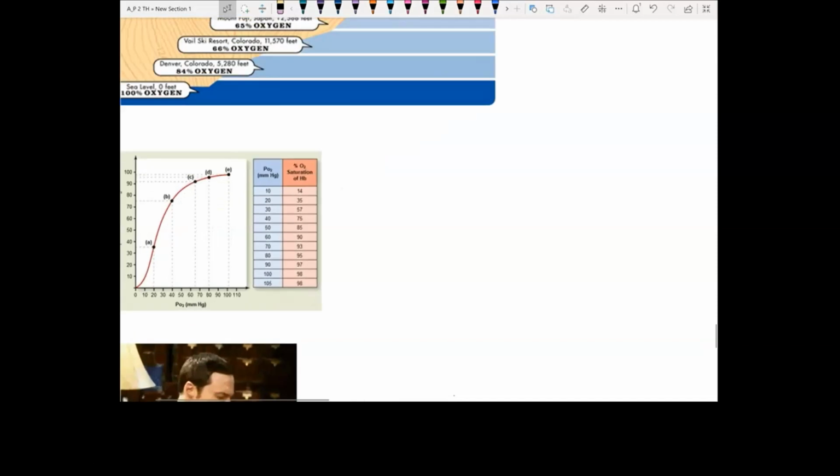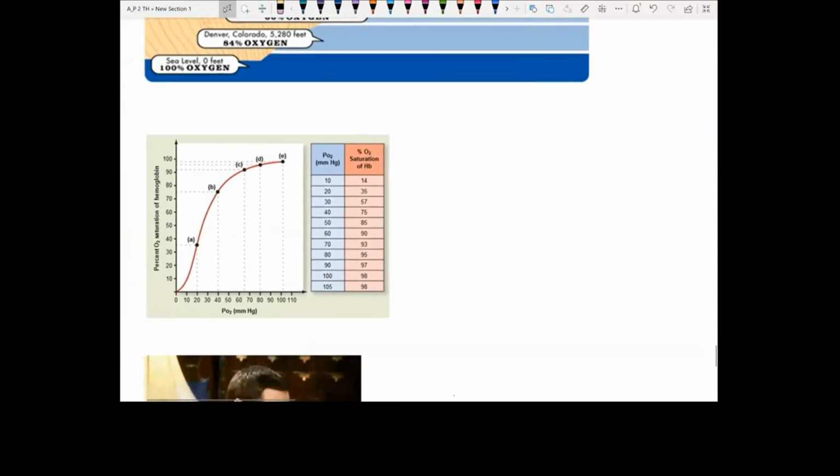Here's a chart that shows the percent oxygen saturation at different partial pressures of oxygen. So we start off here is sea level.